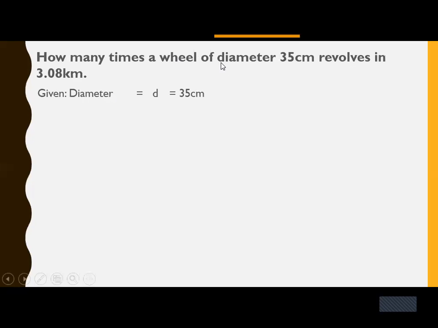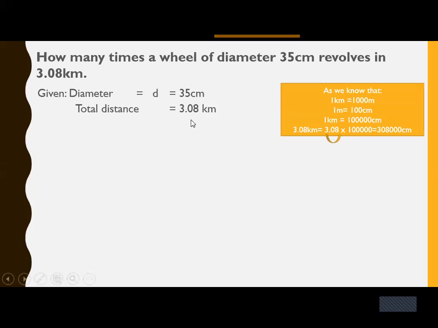Again, students, in this question we have to find how many times the wheel revolves, how many times it rotates, that is the number of rotations. 3.08 kilometer means the total distance is given. The diameter is given and the total distance is in kilometer, so we are going to multiply it by 1 lakh centimeter.